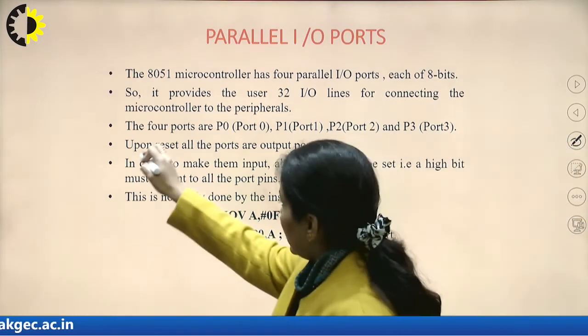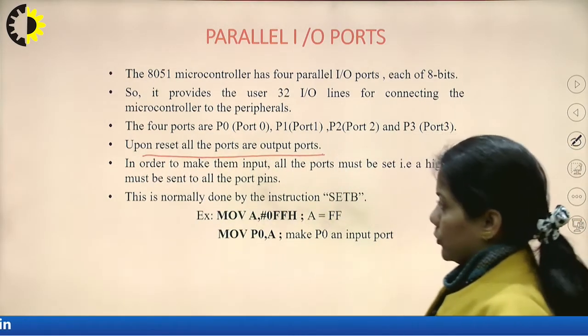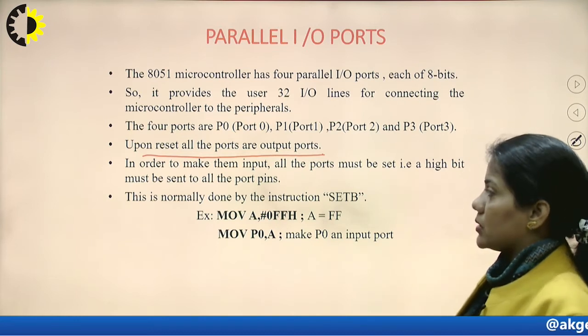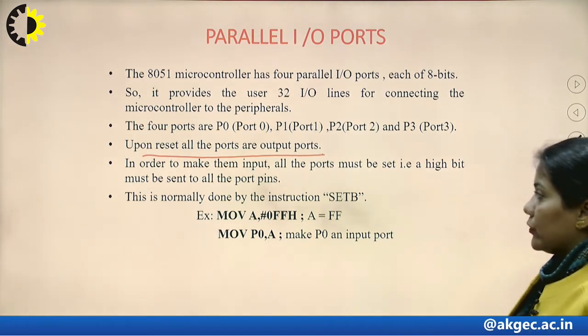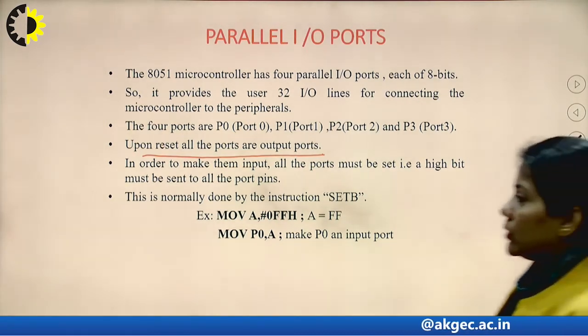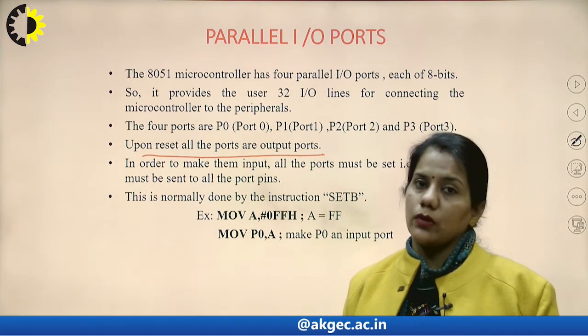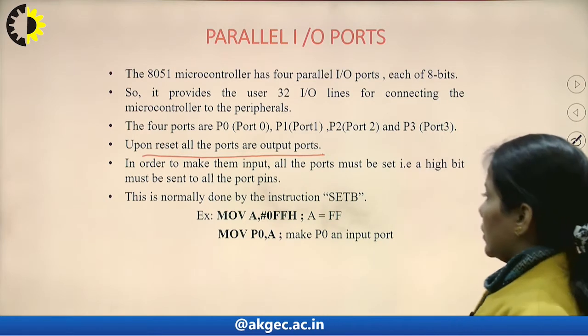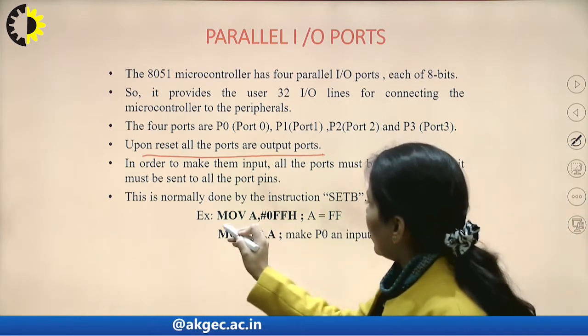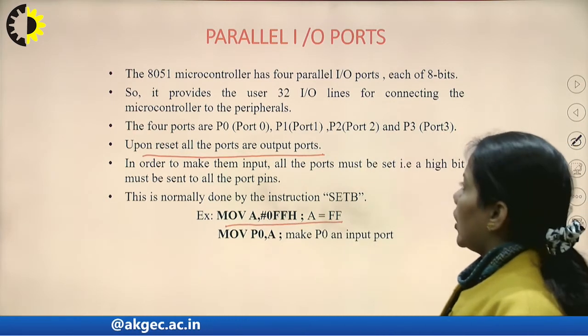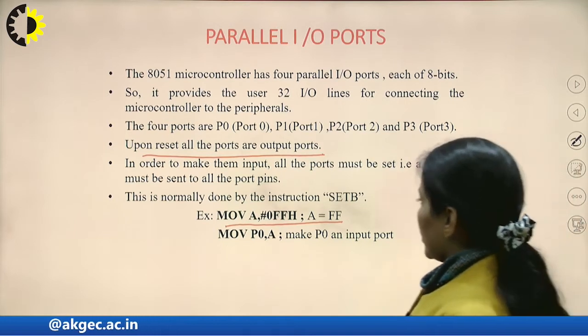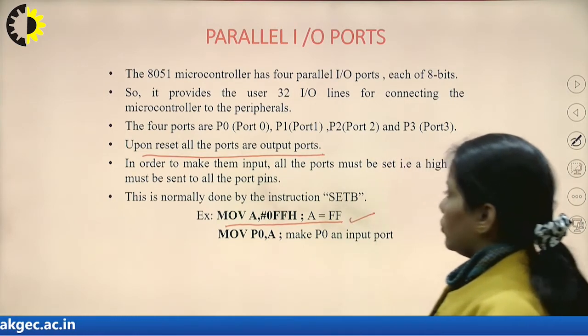Upon reset, all these ports are output ports, and if we want to make them input ports, then we have to set their particular bit as high, or we can set the whole port as high. Suppose I want to make the whole port an input port, then I have to give FF to the port.